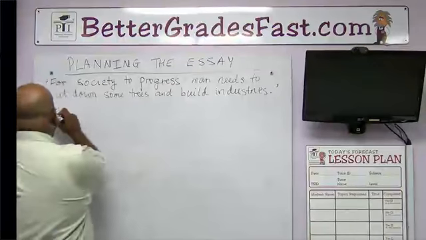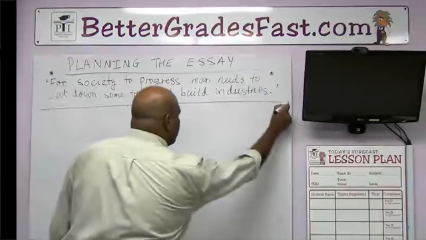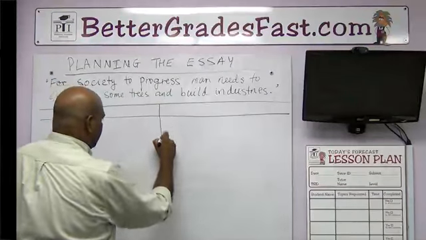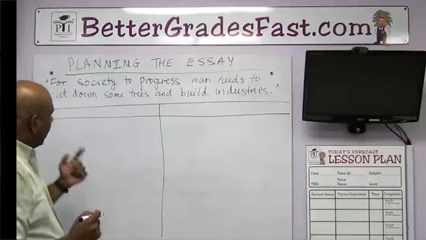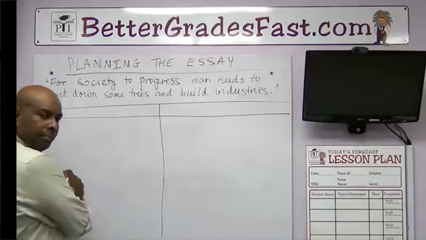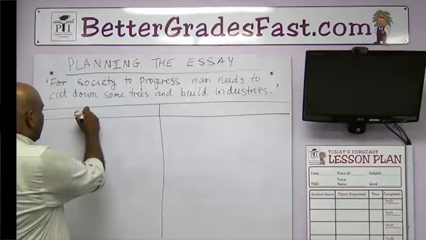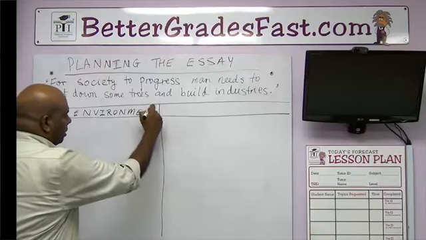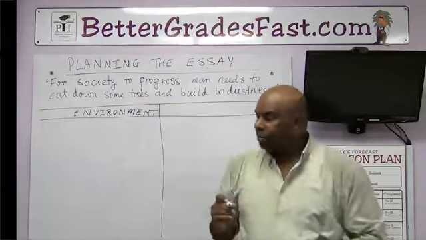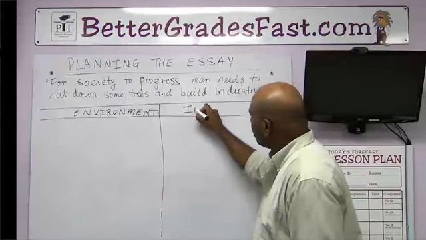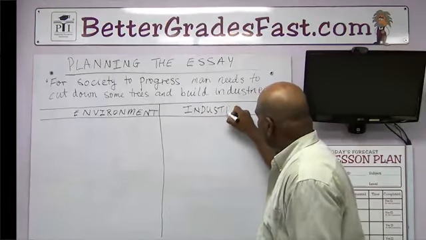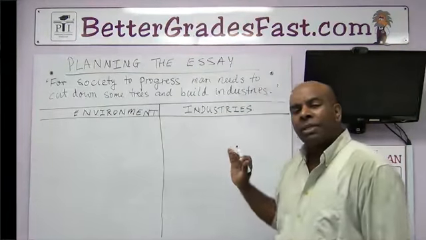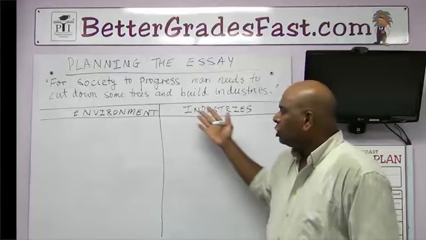So, our T-chart, as I said, looks like a big T. So, in our T-chart, we can have one column here for the environment. And we can have this column here for industries. Okay? And all the points you can think of, just short points, we jot them down here.